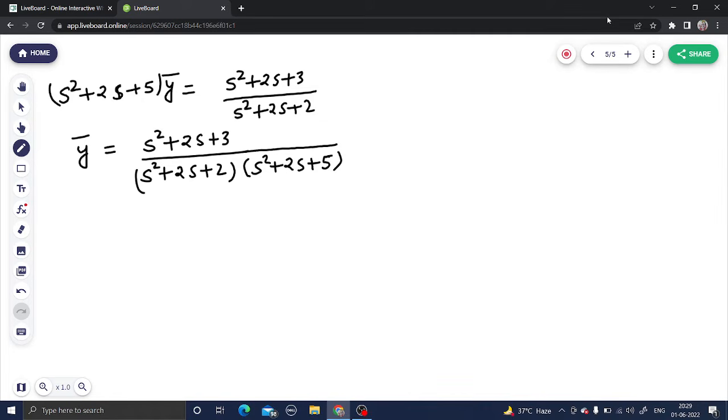First of all, we have to take Laplace inverse on both sides. That is the first idea. Then we'll move to the partial fraction portion.